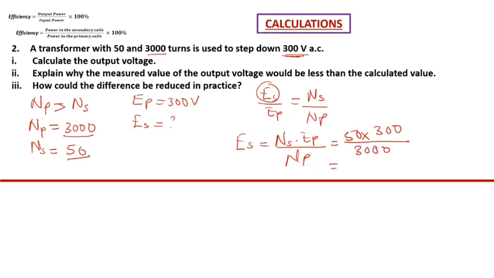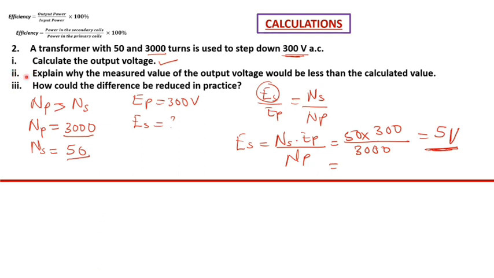So by working this out, we're going to have 50 times 300 divided by 3000, and that is equal to 5 volts. So the output voltage, that is the voltage in the secondary circuit or coil, is 5 volts.